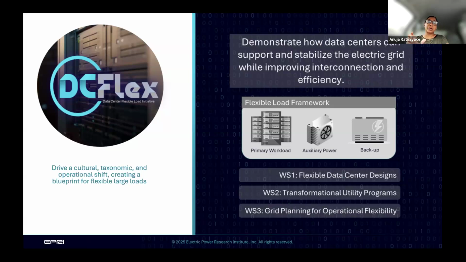When we looked at the reason for the mismatch in the timing here, it is driven by the need for energy in about a 15-day window in a year. So it's not for 365 days or 8,760 hours that we need the load to be flexible.